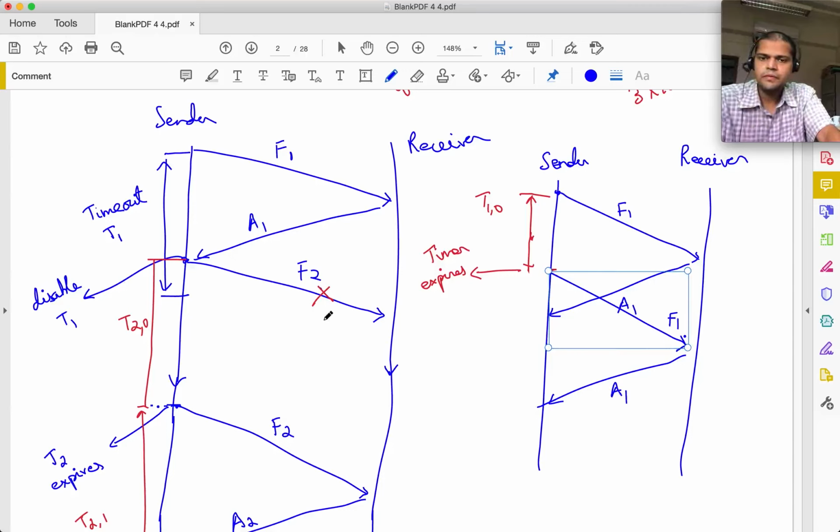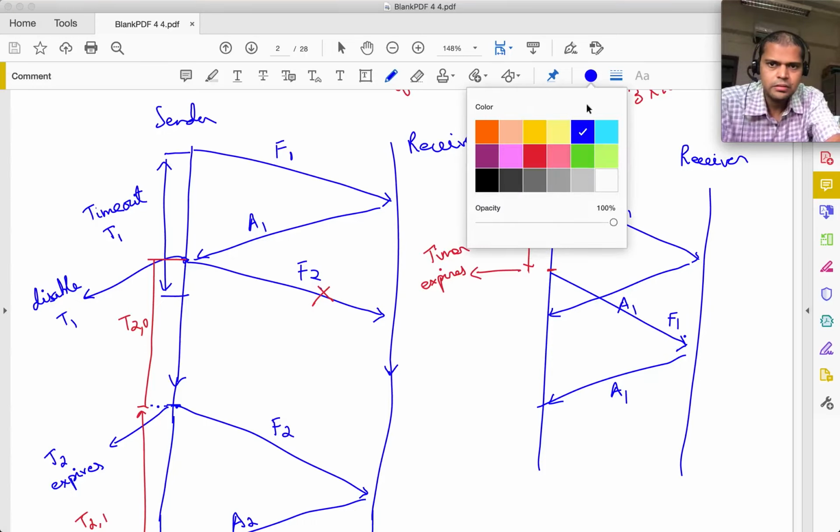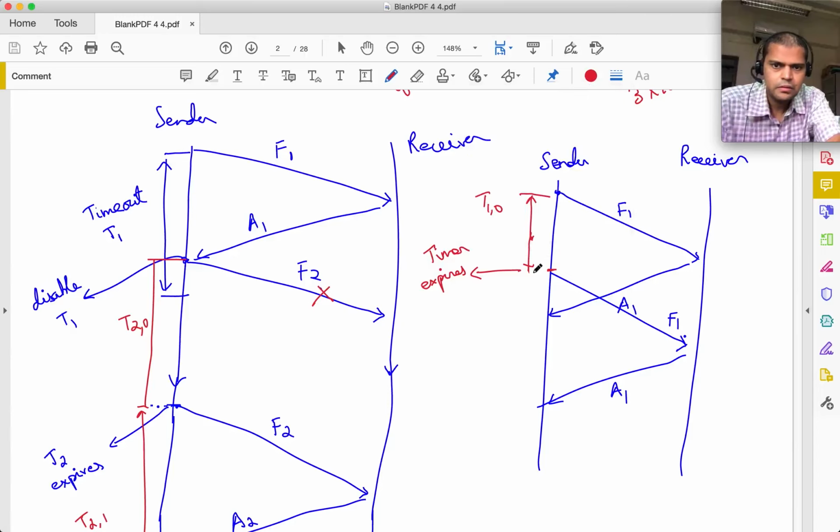Okay, so every time a frame is received here, the receiver should send back an acknowledgement, even if he has received the same frame earlier, because it's possible that the acknowledgements were lost, which is why the sender is continuously sending the frame. Okay. So this is what happens, and of course the timer is set again over here, for this particular frame.